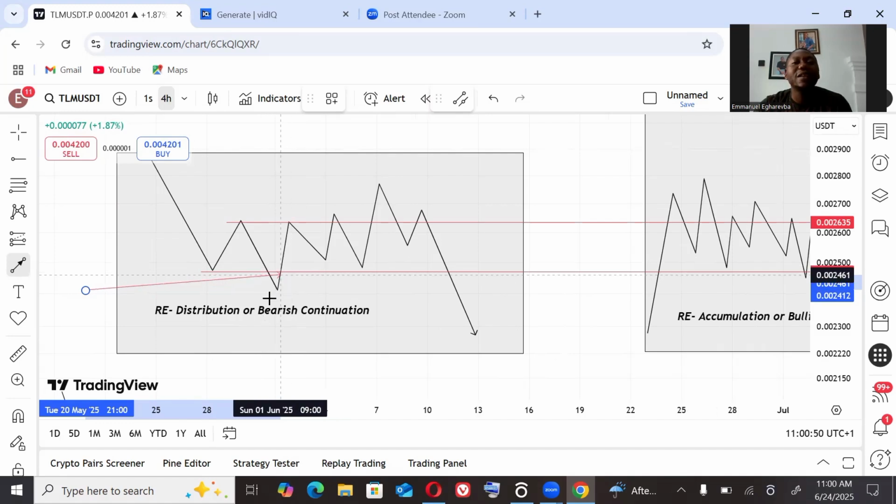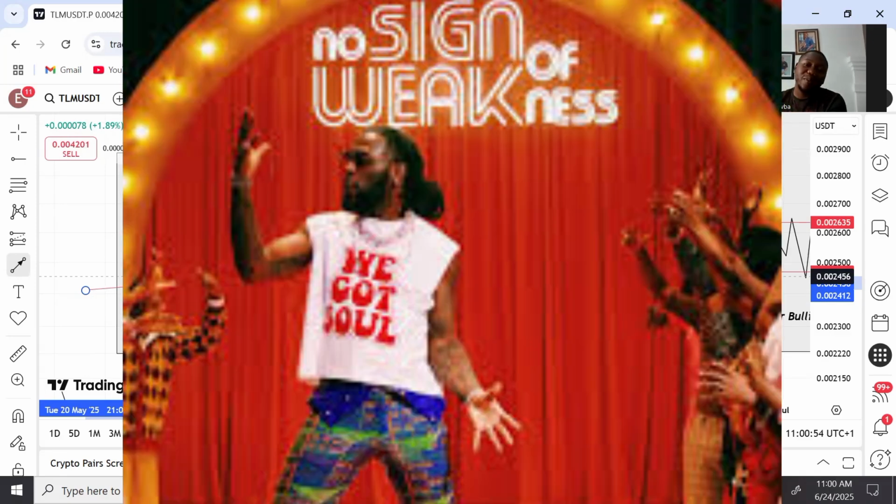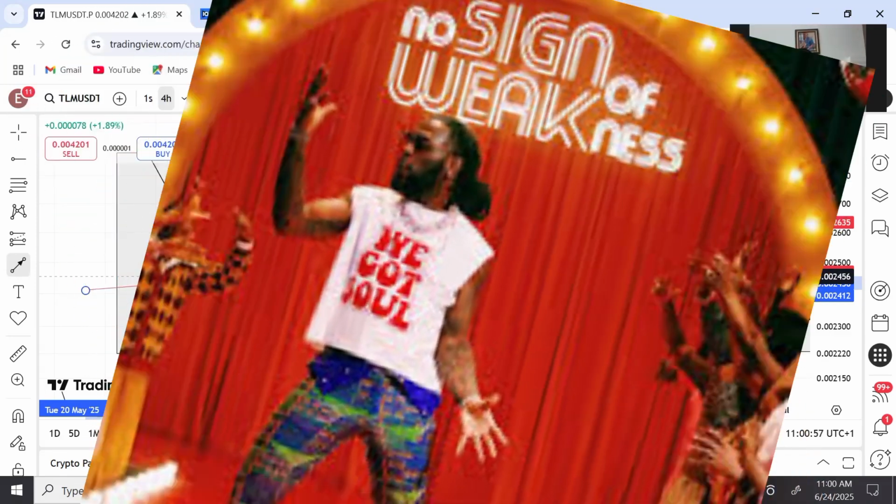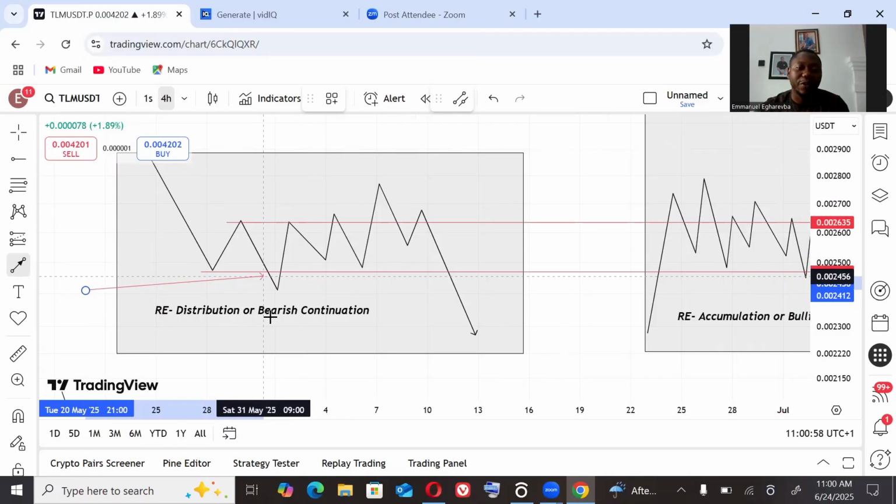So this is a sign of weakness. This right here is our first sign of weakness, because price created a range and could not maintain that range. Am I making sense? So invariably, that means sellers are dominating already.